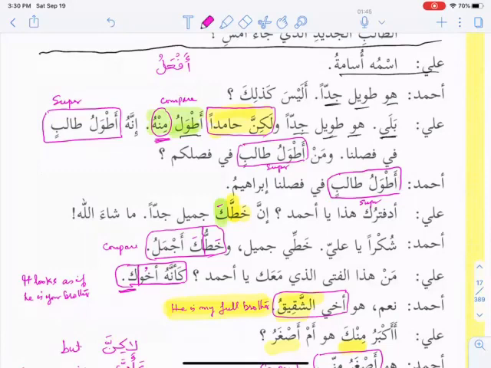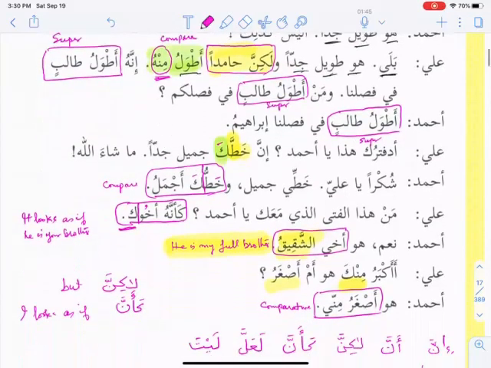See, the way I'm showing you, I'm repeating, I'm showing you. Inshallah, you will keep that in mind. Inshallah, you will understand and you will enjoy. Ahmad, naam. Okay. Huwa, he is my brother.